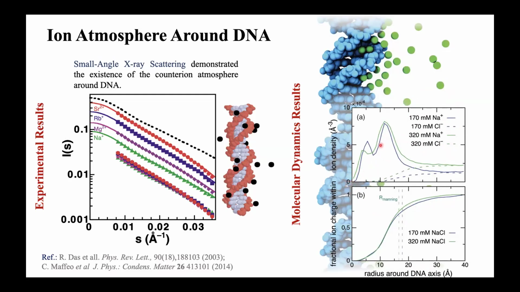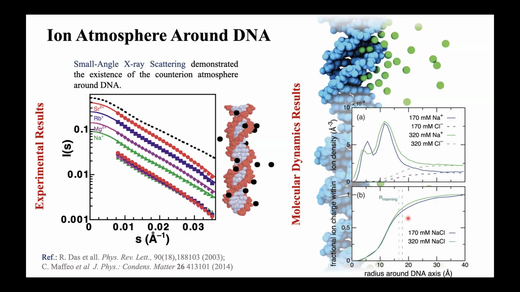They show that the largest density of sodium ions is found near the phosphate groups, while for chloride ions the density increases further away, reaching bulk levels at around 30 angstrom from the DNA axis.